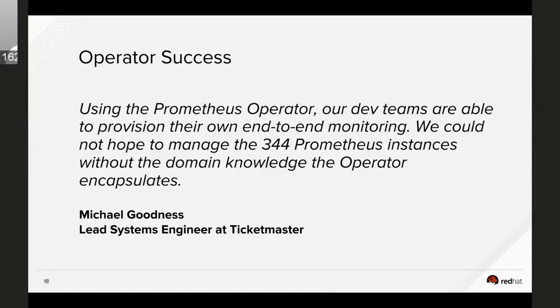And this is the power of using an operator. They're getting this cloud-like experience where you say, I want a monitoring stack and I want it to be HA and I want it to stay up. And then you can run a number of those across a number of teams. We think this is a really powerful validation of the operator pattern, and you see this all across the community using all kinds of operators that already exist today.